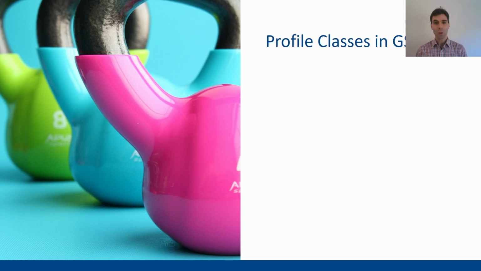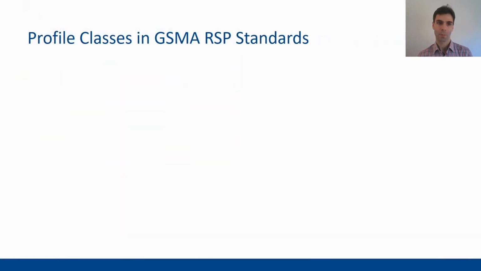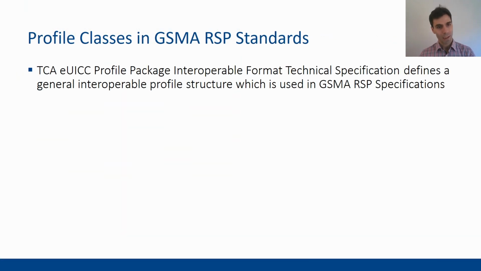After we took a look at the TCA specification, which defines general profile structure, now let's take a look at how the specification is used in the GSMA RSP standard and specific aspects that the profile classes which are defined in GSMA. As we know, the TCA EUICC profile package interoperable format technical specification defines a general interoperable profile structure.